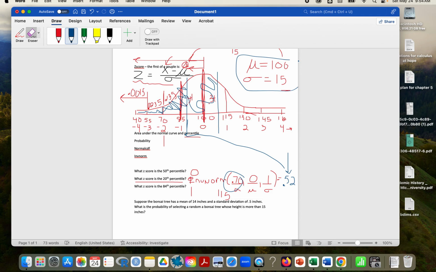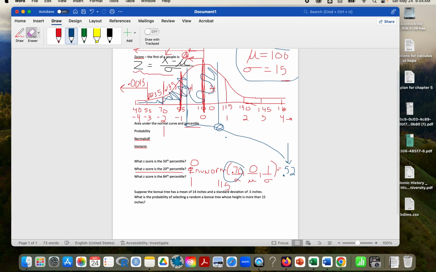So the mean is 100, and your standard deviation is 15, and it will automatically convert it for you into raw data. And the raw data point, the z-score is 0.52, reminder, but the raw data point is 107.866. So the IQ that is the 70th percentile is about 107.8.